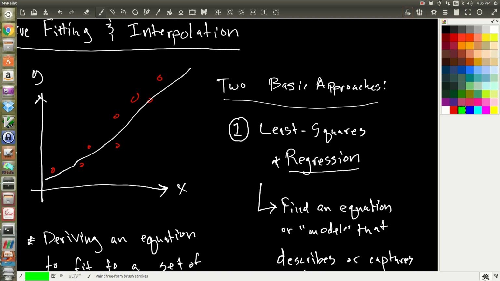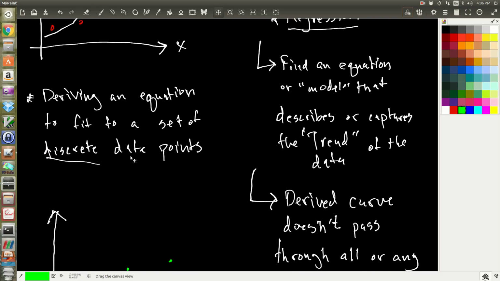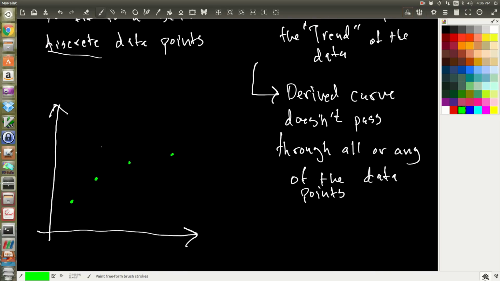If you were to just draw a line that passed through each one of these points, it would be very wiggly. But if you draw a line that passes through each one of these points, let's use a different color here, bing, bing, bing. It's a nice, smooth looking curve. So it doesn't wiggle all over the place.